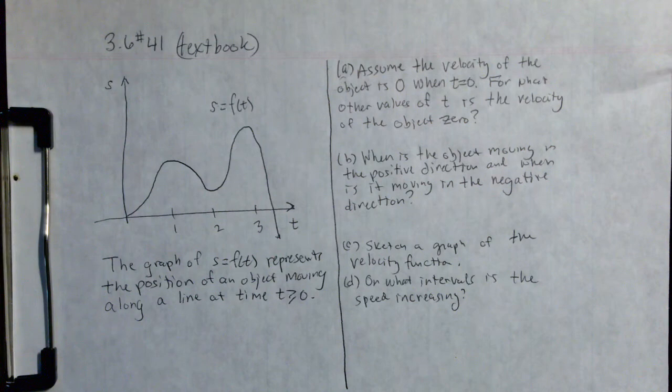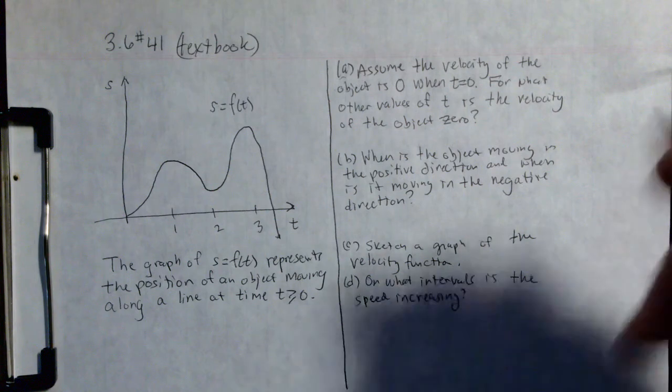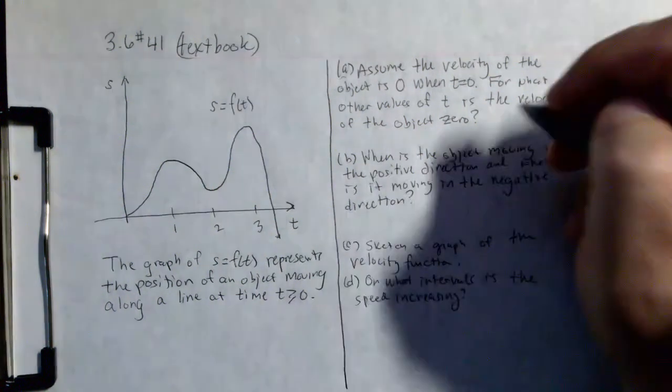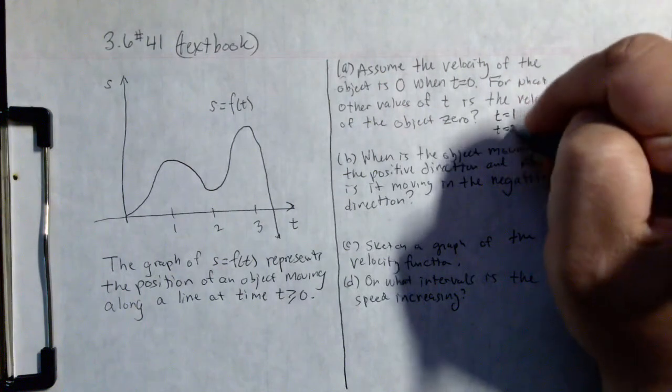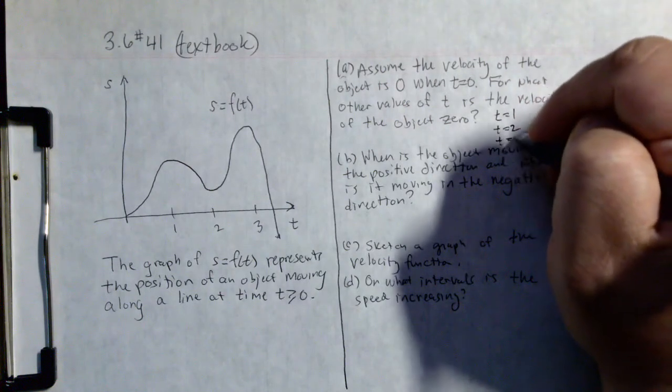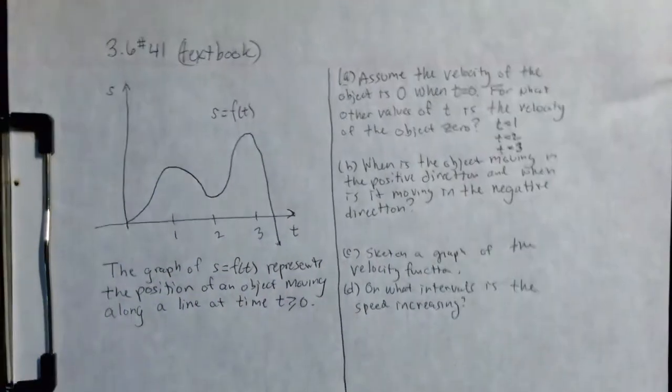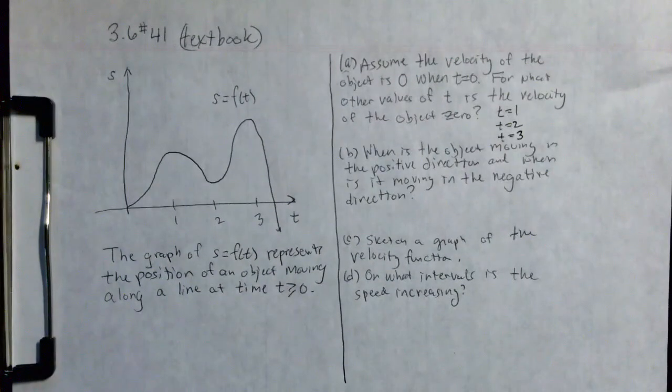Well, right at that transition point is a place where the velocity is 0. So the answer to this is going to be t equals 1, t equals 2, and t equals 3. Those are the three places where we see the graph turn like that, in other words, where it would have a horizontal tangent line.